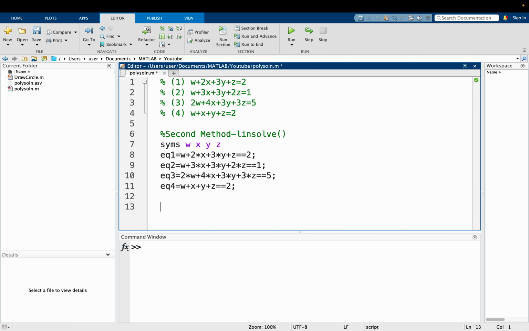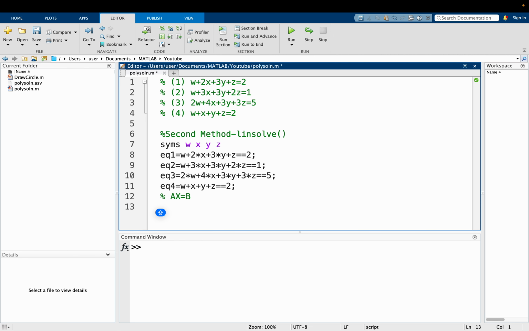The linsolve method requires you to represent the equations in matrix form, that is Ax is equal to b, where A is a matrix containing the coefficients of your variables, and b is a matrix containing the constants when moved to the right hand side.